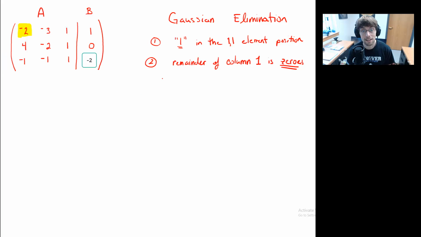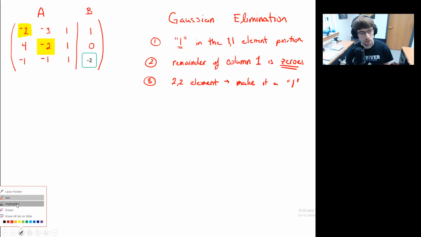Then, the next step, okay, so 3, we are then going to look at the 2,2 element and make it a 1. Again, by appropriate row operations.